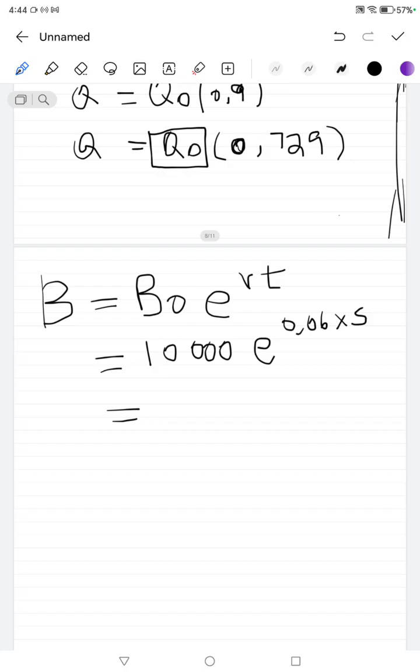Anyone? The answer is 13,198. It's 13,198.588.